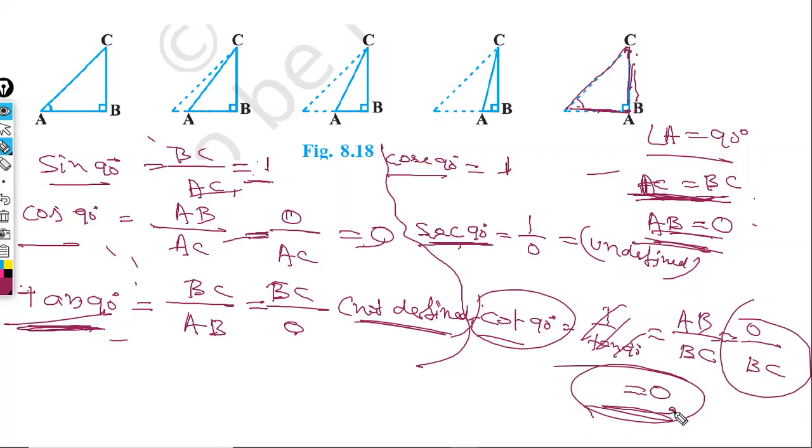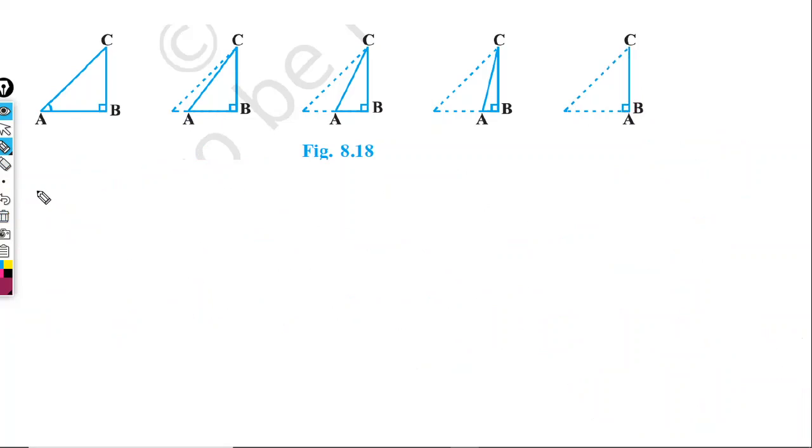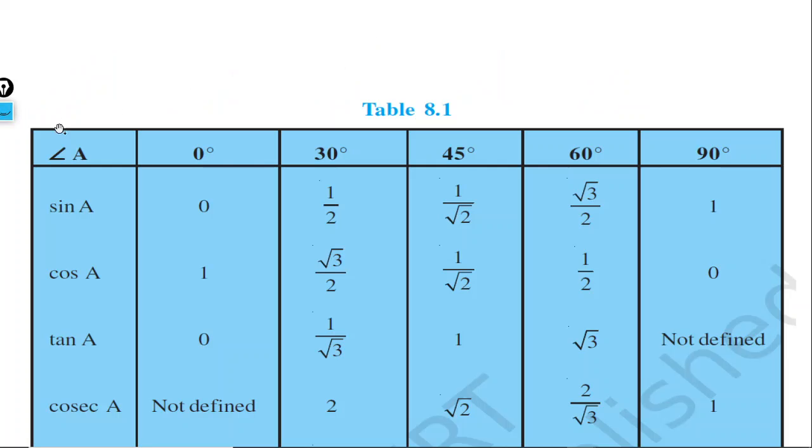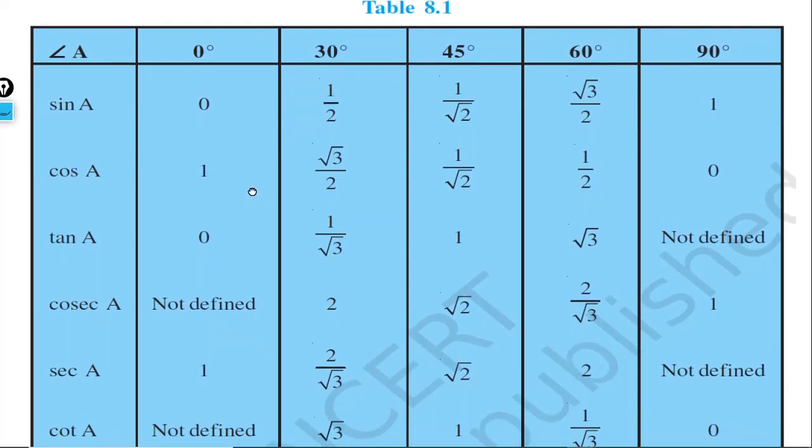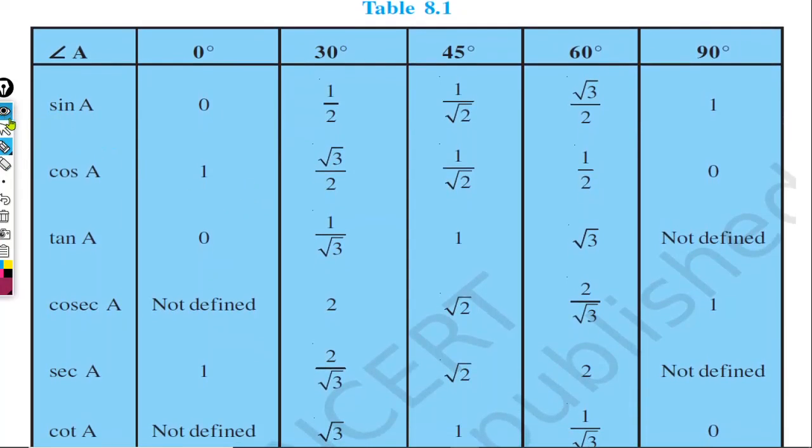So we got the values of the different trigonometric ratios for 0 degree, 30 degree, 60 degree, 90 degree and 45 degree. Now there is a table and there is a shortcut.